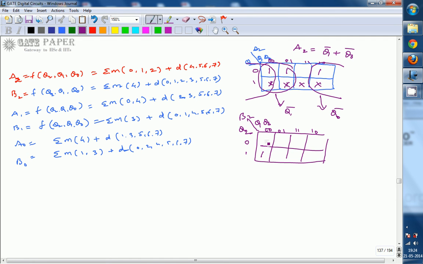So you need not go for the K-map, directly you can write b2 is equal to 1. So a2 is equal to q1 bar plus q naught bar, b2 is equal to 1, and for a1, you can write, this is what a1.